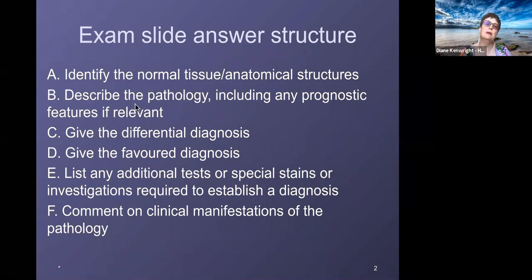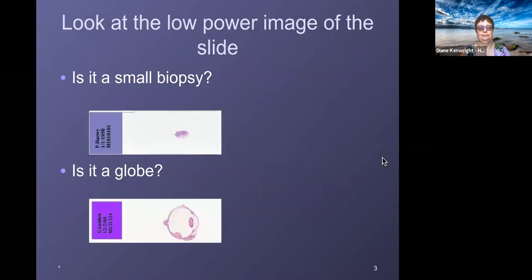So this is the big bit, right? This is the big bit that we have to address when we're learning to describe. Differential diagnosis, favored diagnosis, additional tests, and comments on the clinical manifestations. We may come back to this.